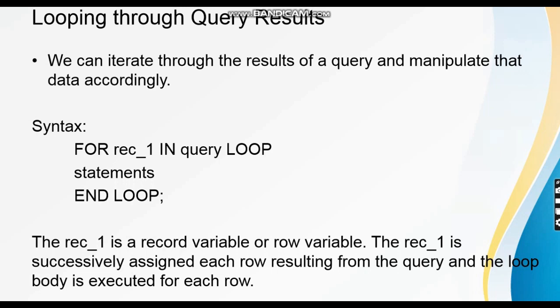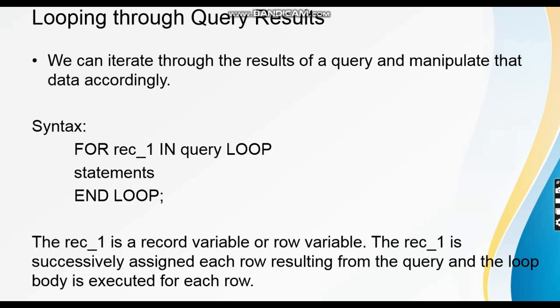It is any record variable or row variable. The variable is successively assigned each row resulting from the query, and the loop body is executed for each row. So basically this syntax is used to loop through the query result.